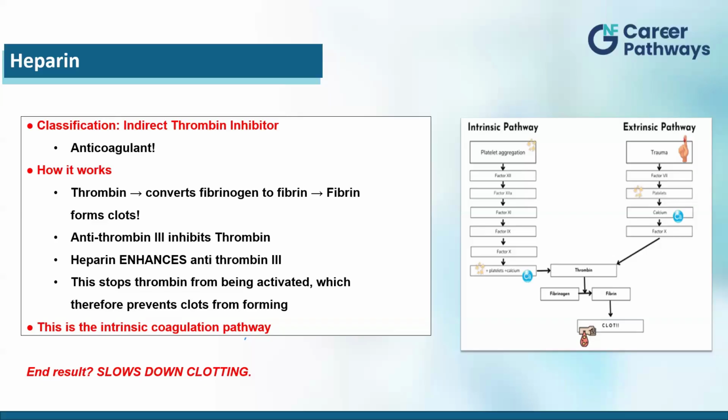Antithrombin III inhibits thrombin, and heparin enhances it. How does heparin work? It enhances antithrombin III. This stops thrombin from being activated.